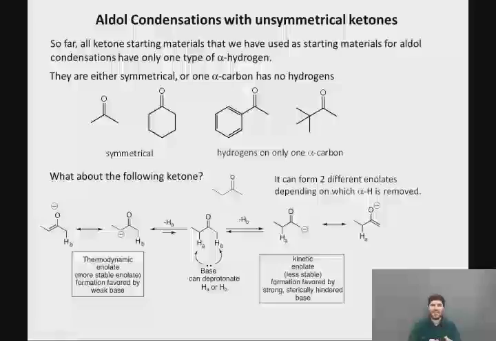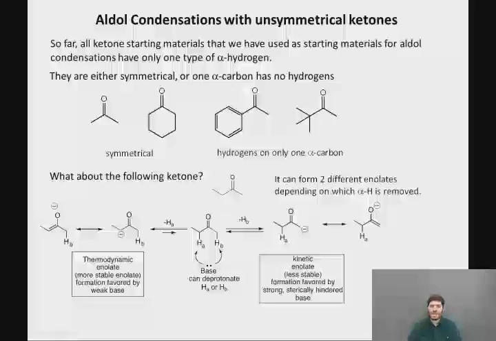So loss of HA gives an enolate in which, looking at its alkene resonance form, the alkene is internal. The carbon-carbon bond is in the middle of a chain. If you remove HB, the carbon-carbon double bond in that resonance form is terminal. It's at the end of the chain.